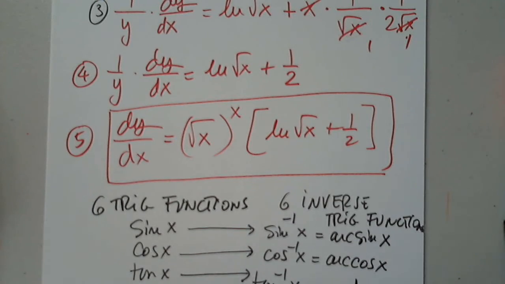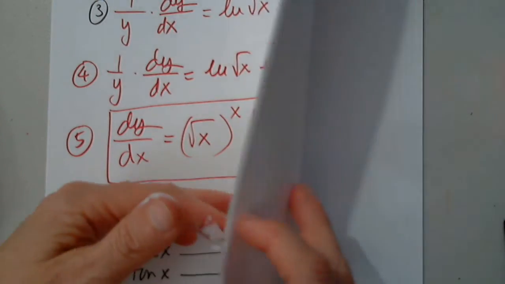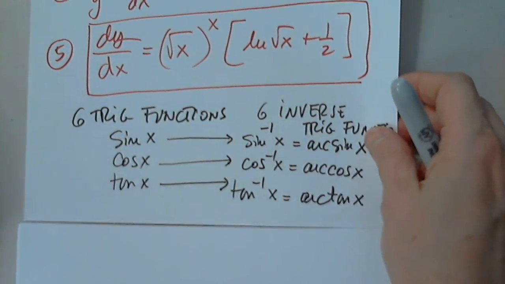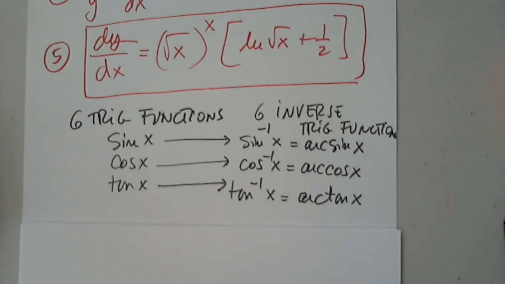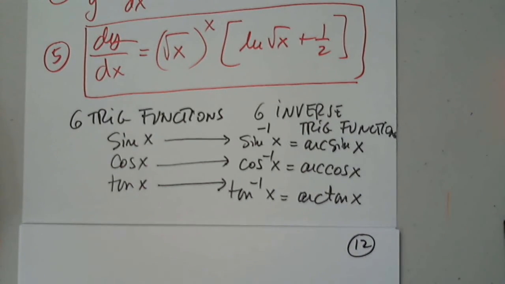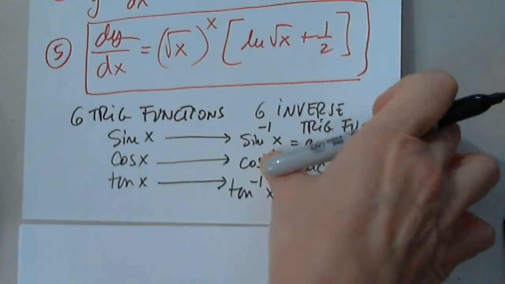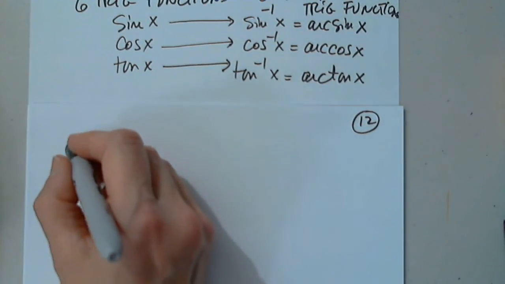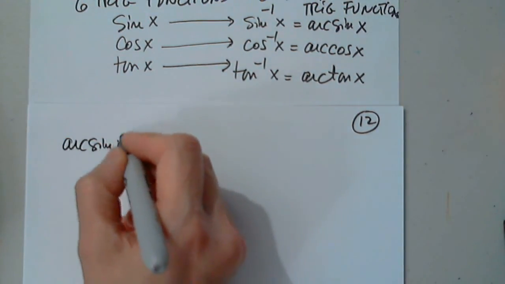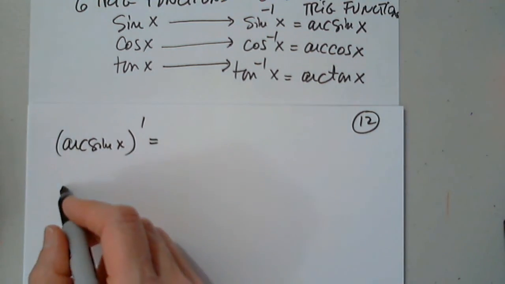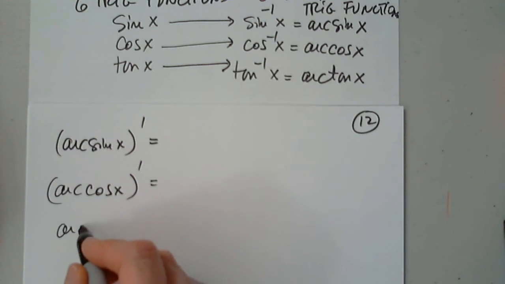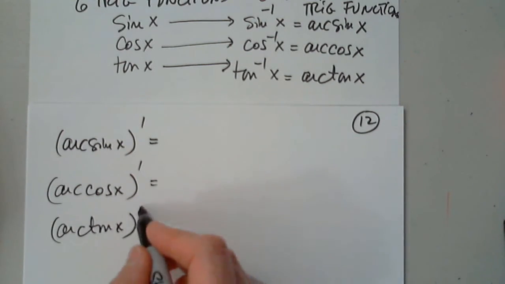Good. So now I would like to discuss their derivatives. They have to be carved in stone. These are basic functions that we really need to remember. Even if it's open notes, open book, we still need to remember the basic functions. Very important. So the arc sine x prime, the arc cosine x prime, and the arc tangent x prime.